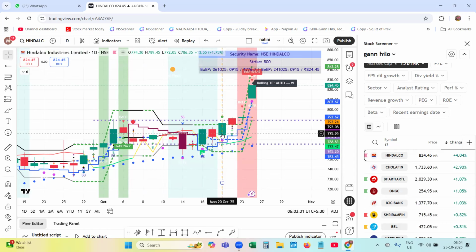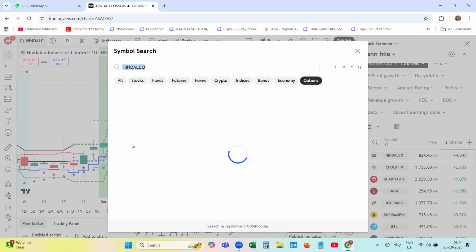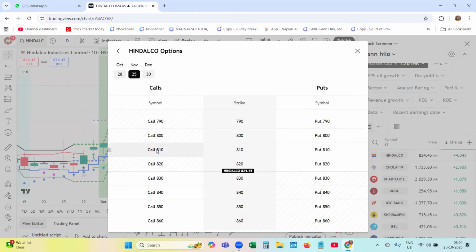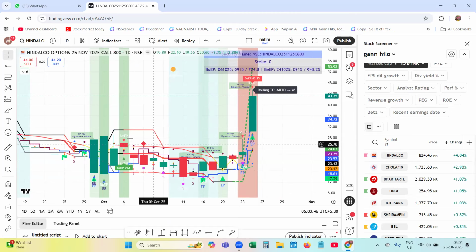Then, if you go back to the 800 call option, it has happened on 6th, the episodic pivot, that it started coming down. Can you see over here?